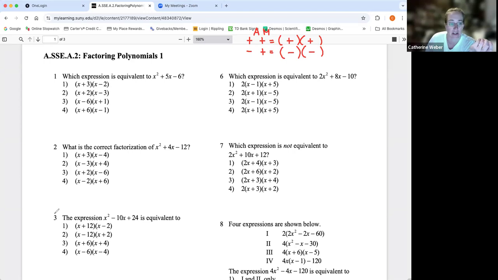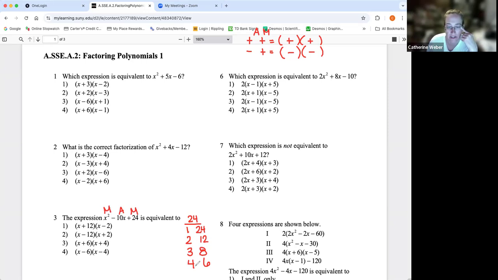So question number 3 down here is using that second technique. I am multiplying to 24, so I think of all the factors of 24, and I ask myself, which one of these will add to 10? So it's add, multiply. Multiply to x squared is just x and x.